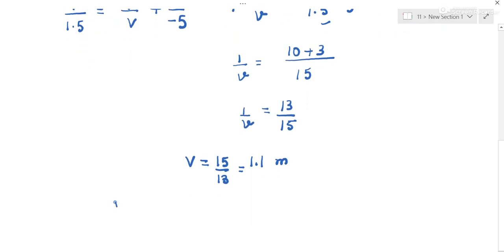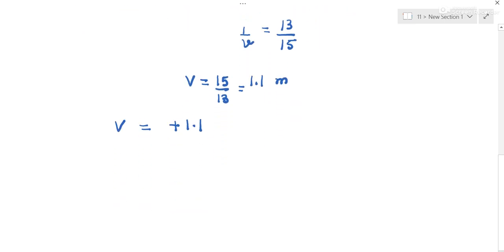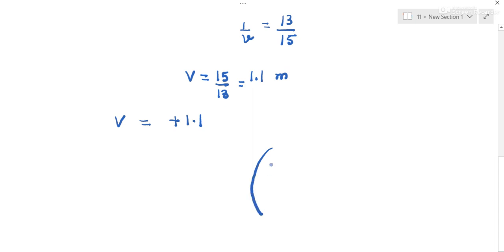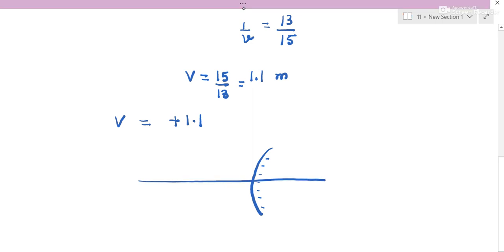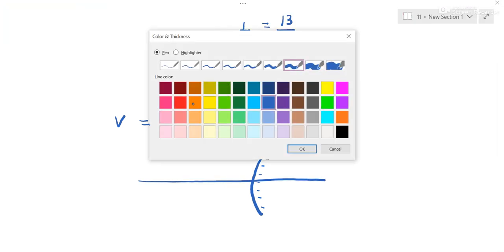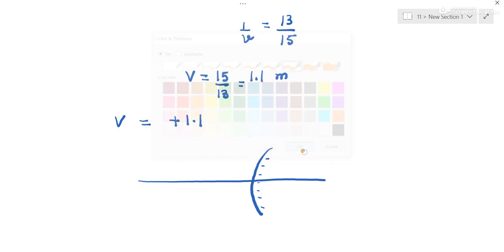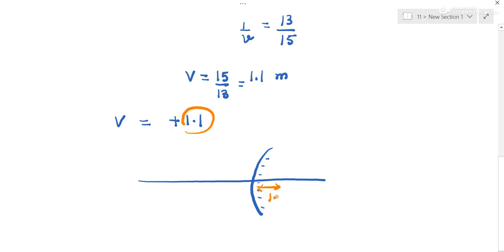So the distance of the image is coming positive. Now positive means, suppose this is a convex mirror, then in front of the mirror there are negative quantities; by sign convention we take those distances negative. So the image is formed behind the mirror because it is positive, 1.1 meter away from the pole.